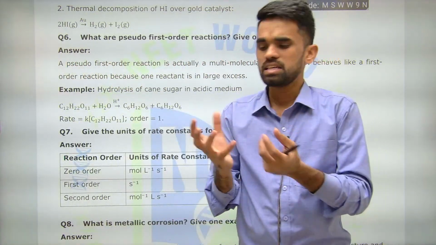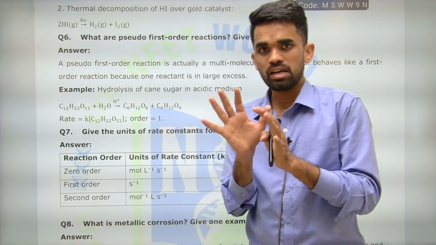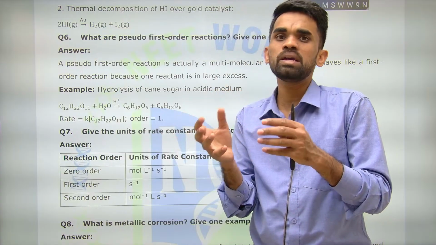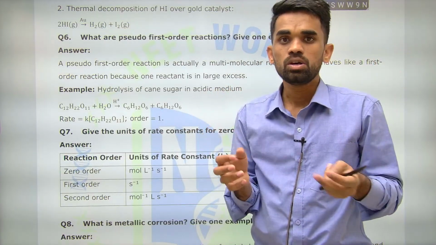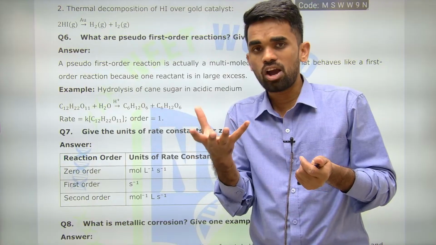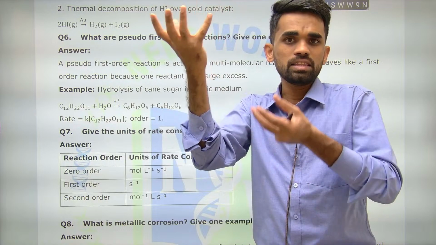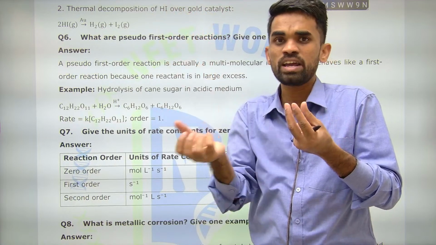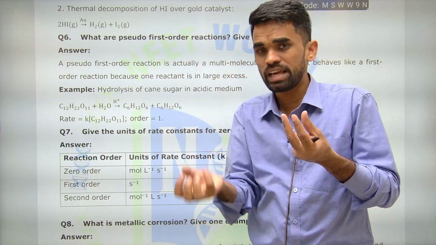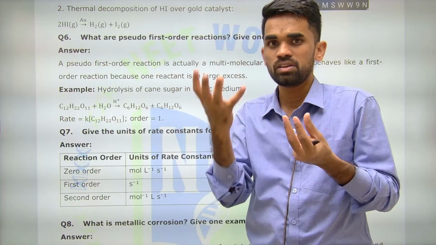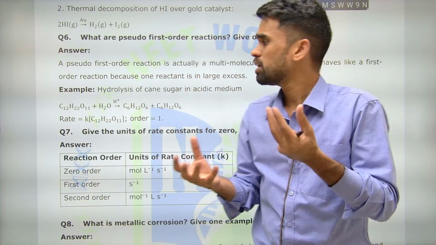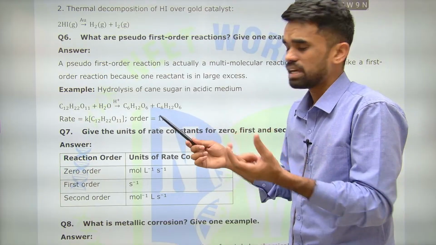Generally, some reactions at normal states might be second order or third order, but when we take one reactant in excess quantity and the other in normal quantity, the order with respect to the excess reactant is negligible. I mean, there is no need to consider it, so the one that defines the rate is the other one.